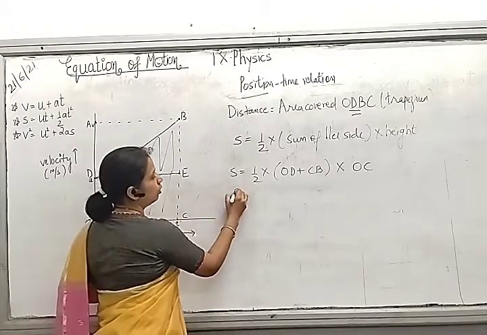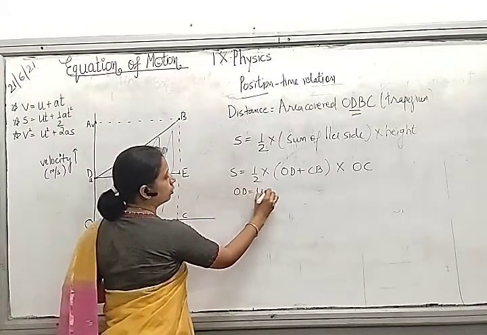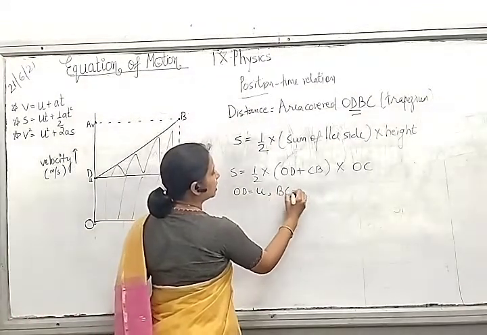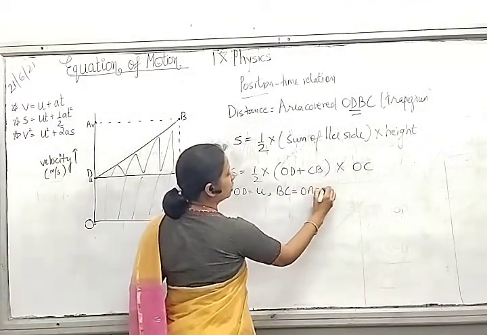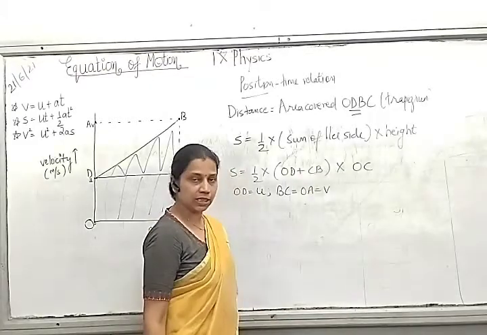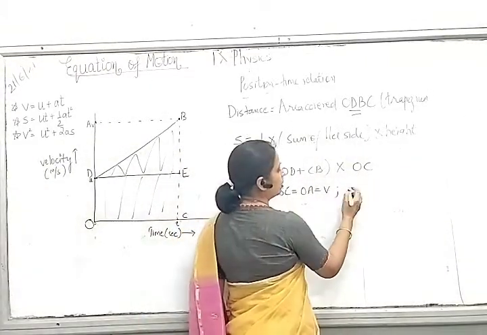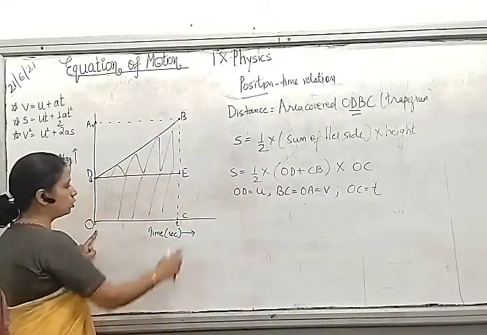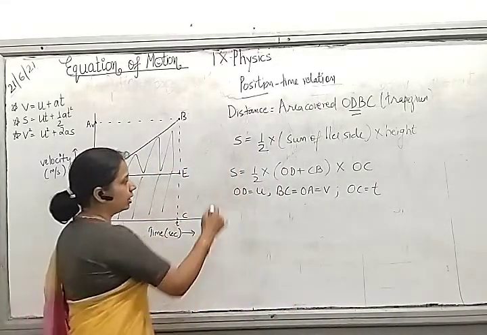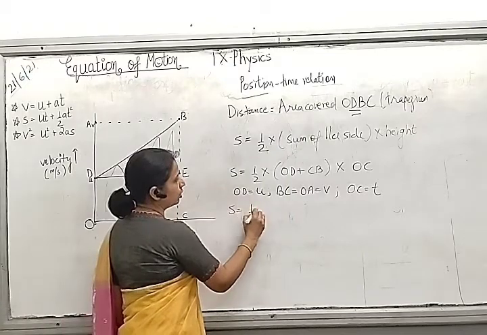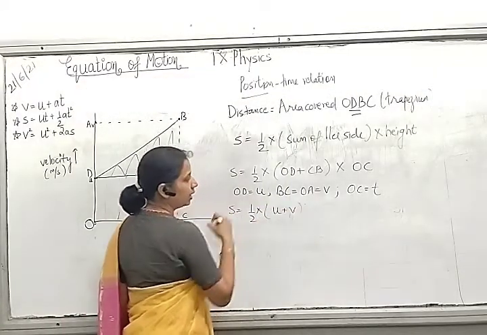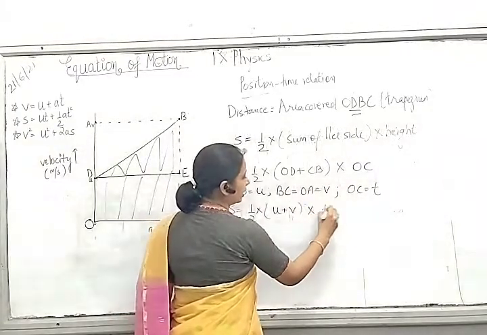So first I will write OD: OD is U. This BC or CB is equal to OA, which is equal to V. And what is OC? It's nothing but T, from O to C. So we'll put this in the equation: half into U plus V into T.